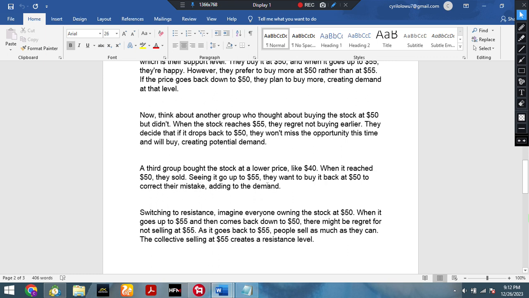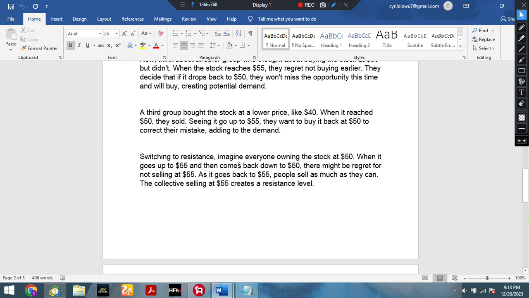They want to buy it back at what? At $50. That means when it starts to drop and price gets to $50, they want to take orders to correct their mistake, adding to the demand. Yes. So when price depreciates a little bit to the level of 50, they will place more orders and push it up again. So these are areas where people pick interest, and those areas always act as support and resistance.